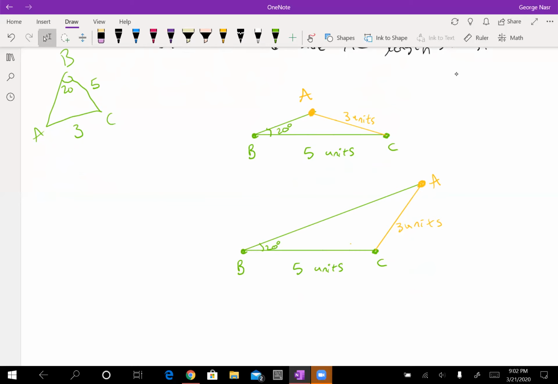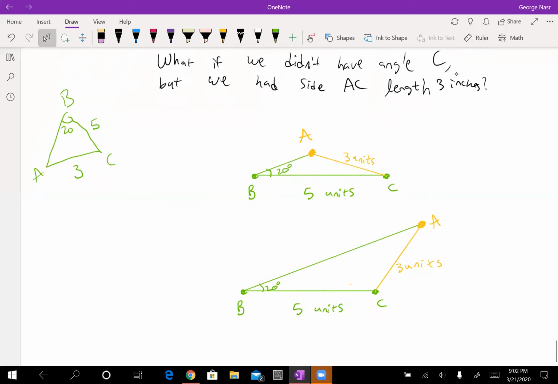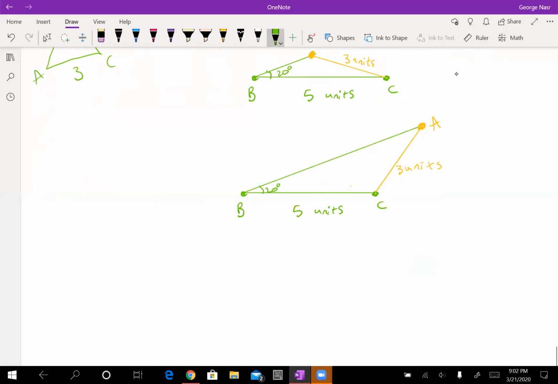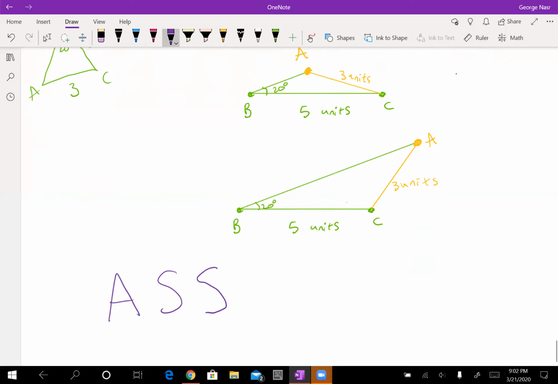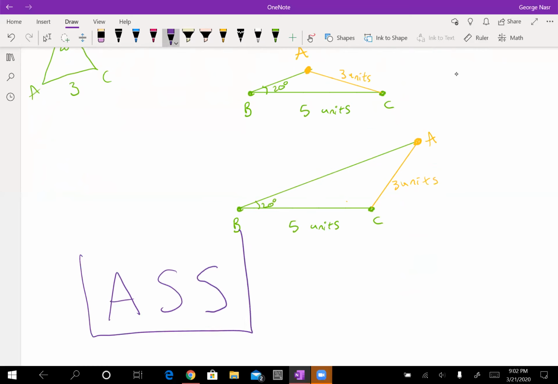in general, in this scenario, when you have an angle, a side, so notice B is an angle, and I have an angle, a side, and then a side, right? So in this scenario, we have A, S, S. And we don't want to tell our kids about S now, do we?